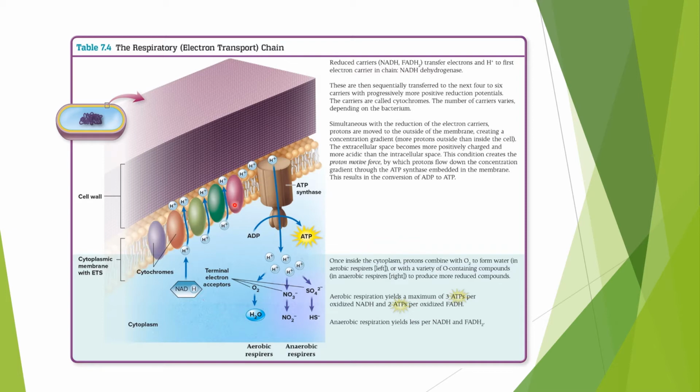Now, these electron carriers are called cytochromes. They come in varieties, so there are cytochrome oxidases. It turns out that some bacteria can actually use different oxidases, and we use that to our advantage to differentiate between different bacteria. There's a biochemical test called the oxidase test, and we can determine whether it's an oxidase positive or negative test, meaning we can determine which bacteria have the capability of producing oxidase or not.